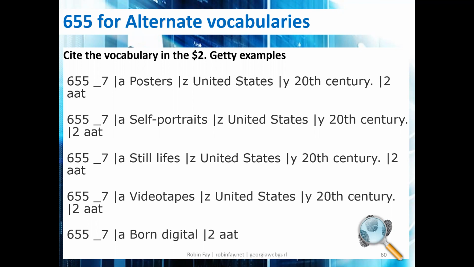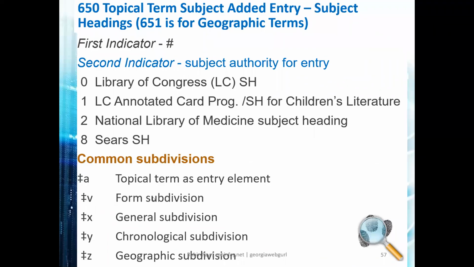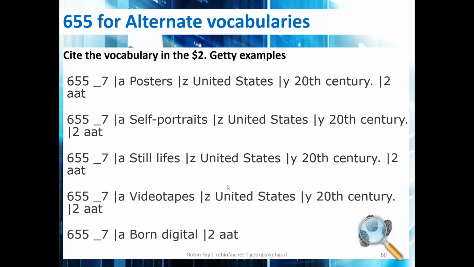So 655, second indicator 7 is for other vocabularies that we may have listed. And then of course we have just our regular terms coming from that Getty thesaurus. And then you see the subfield 2.